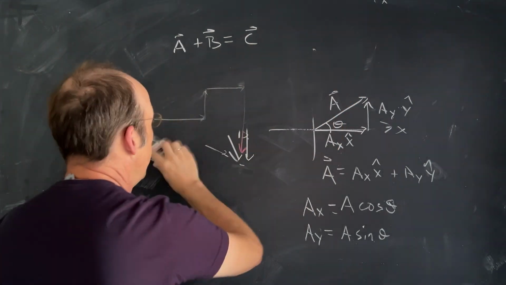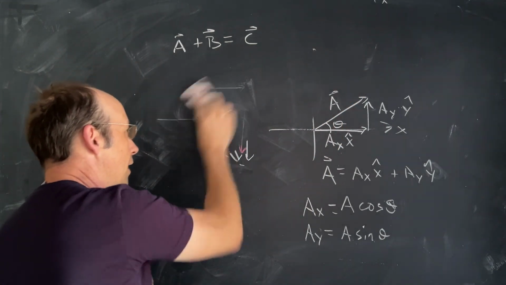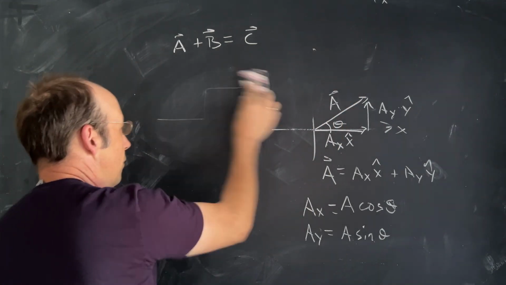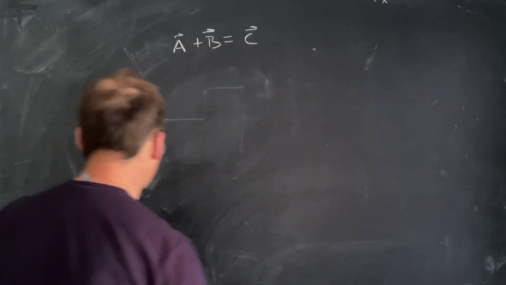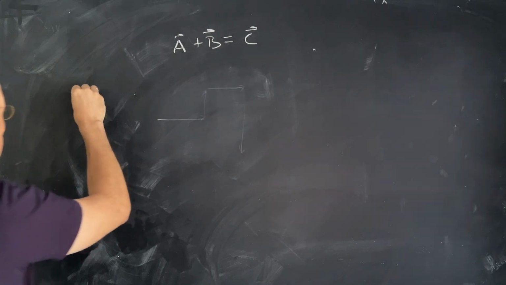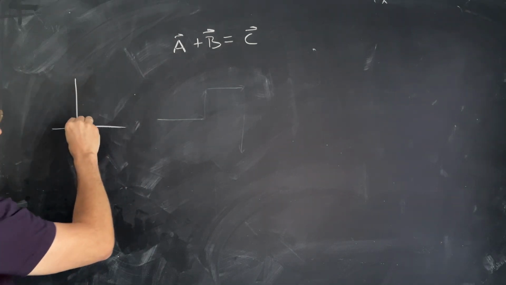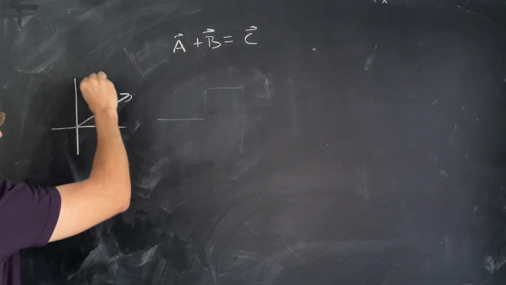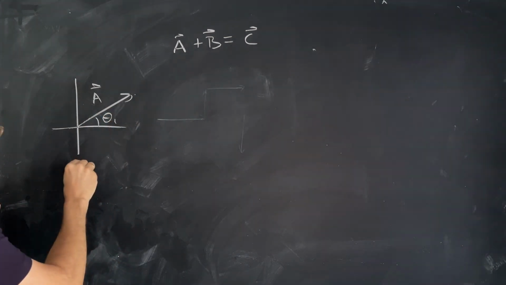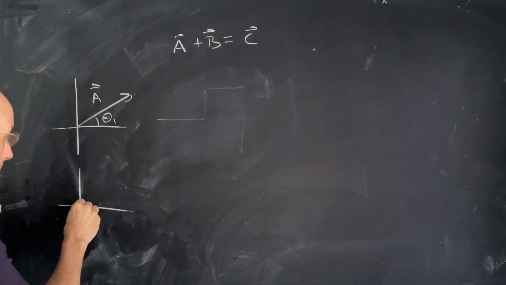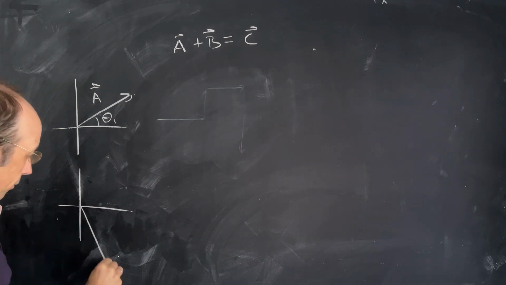I'm going to have some other videos where, see, that's why I don't like those red and yellow ones, because they don't really erase. So let's say over here, I'm going to say my vector A is this, and I'll call this theta 1. And then I'll draw B over here, like this.